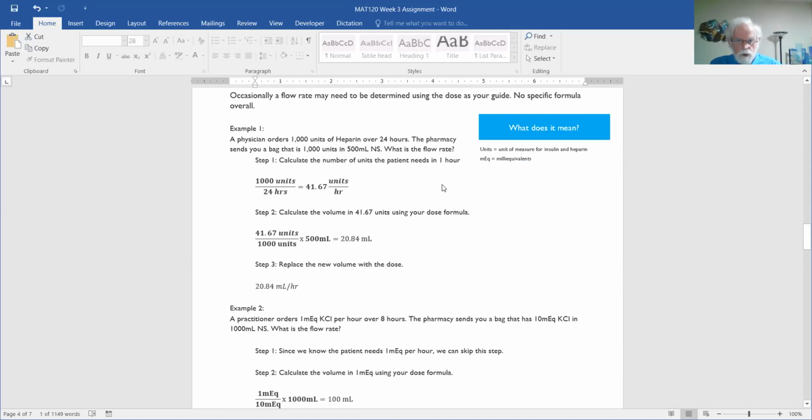But let's take a look. You come out with the same answer no matter what you do. But you can calculate this based on the dose. In this particular case, we're using heparin, which is an injectable anticoagulant. And heparin is a biologically derived product.